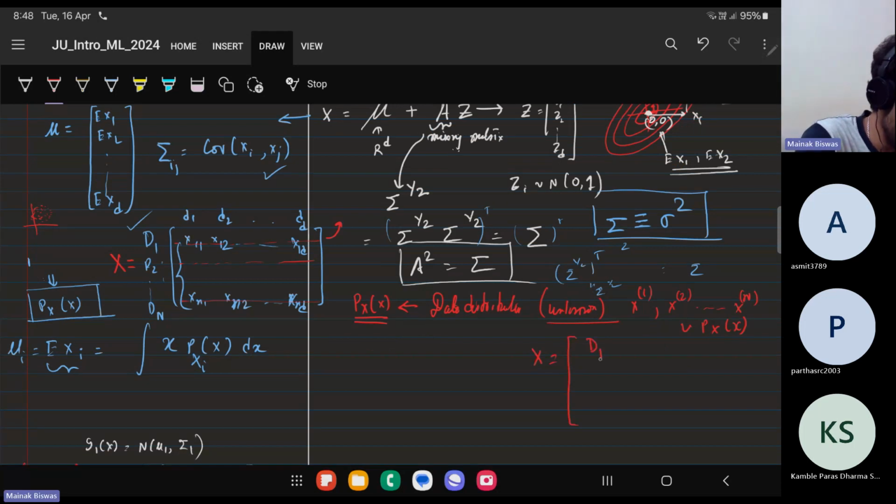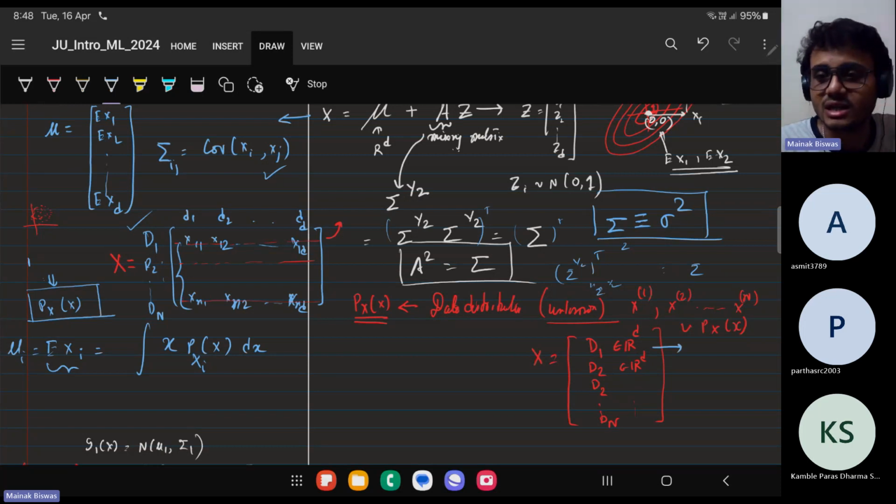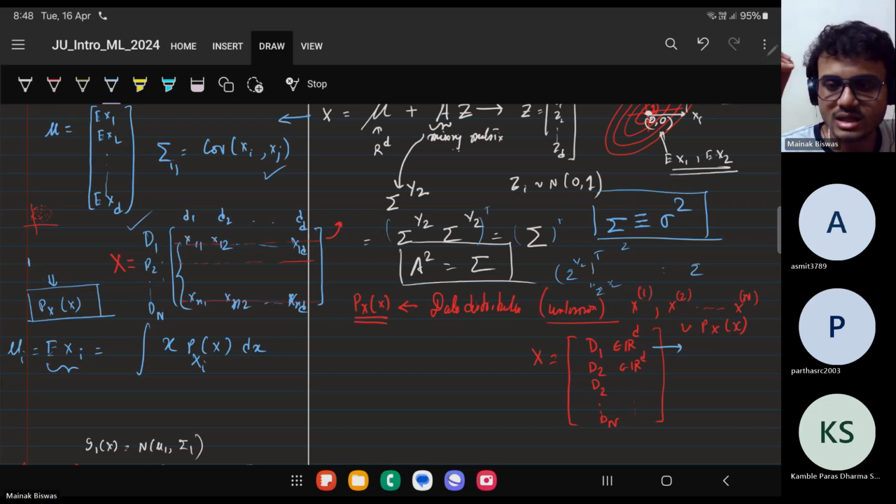So say data 1, data 2, data 3, data n, and each of them are d-dimensional. These are the data. This is known. You will be given that training data that you call machine learning. You'll be given some images of cats, and there will not be distributions. There will be numbers. There will be a sample from a distribution.